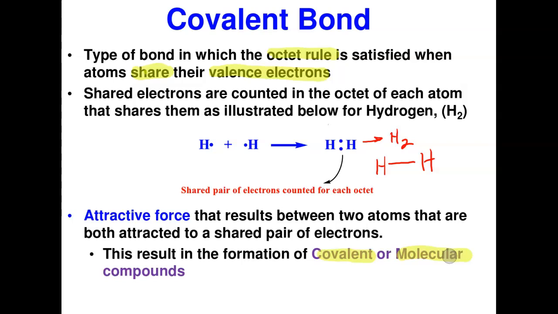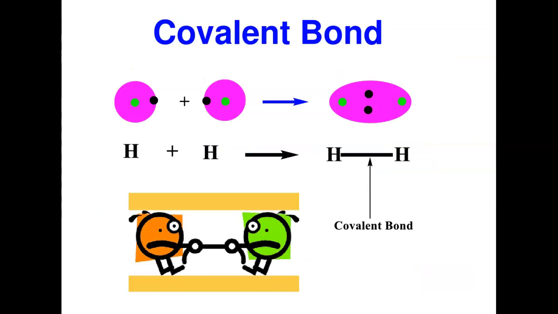This involves the sharing of electrons. However, this type of bond only occurs between 2 non-metals, whereas the ionic compound occurs between a metal and a non-metal.